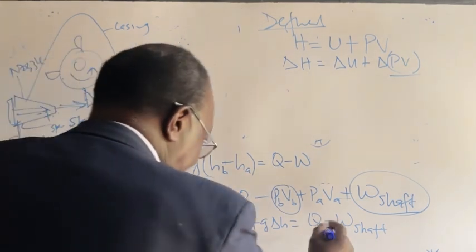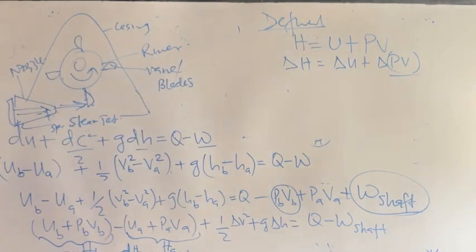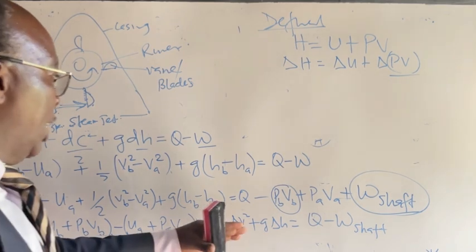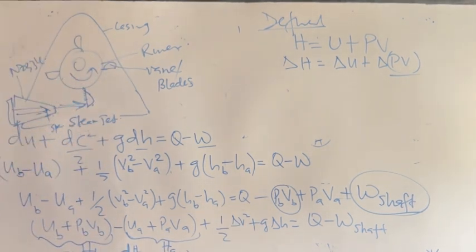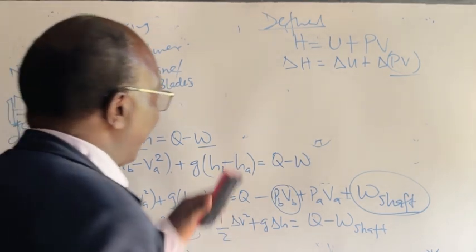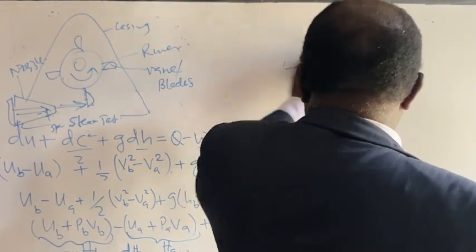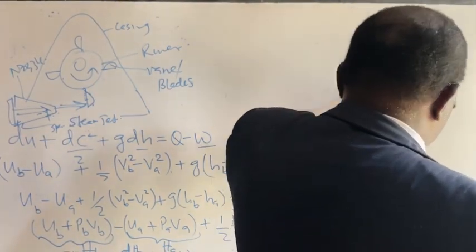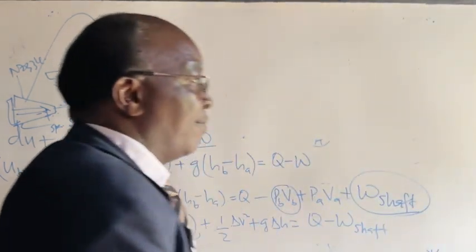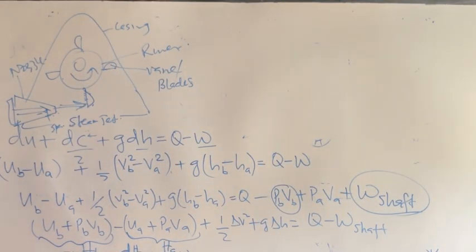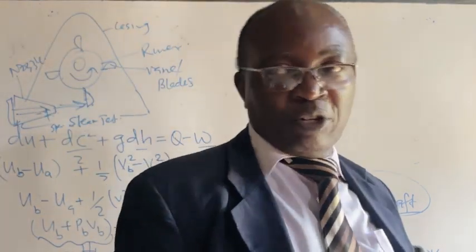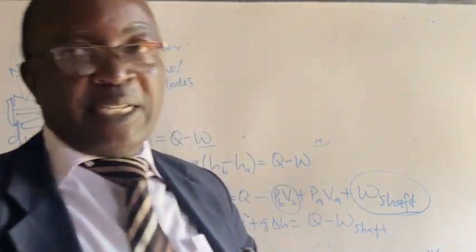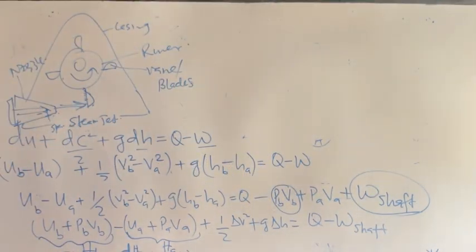And if we assume that you can ignore the kinetic energy and potential energy, in other words, they are not significant, because when you are dealing with steady state flow systems, you don't expect the flows to be very, very fast, because when you have terribly fast flows and probably the system is not coherent, then there could be a lot of turbulence, and you'll have to worry about turbulence.